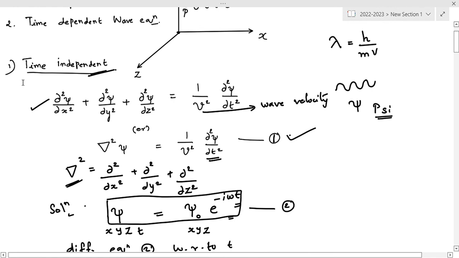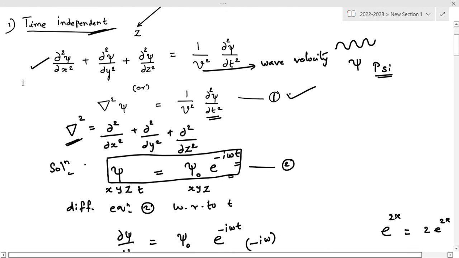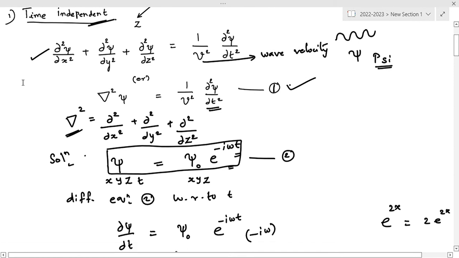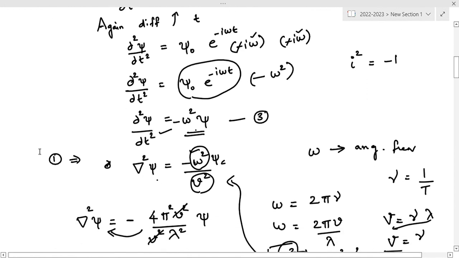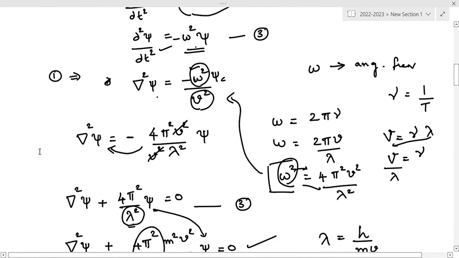Here Schrodinger incorporated de Broglie's wavelength, lambda is equal to h by mv, in classical differential wave equation. And then the solution of the equation is taken, differentiated side-wise, replaced del square psi by del t square with minus omega square psi.